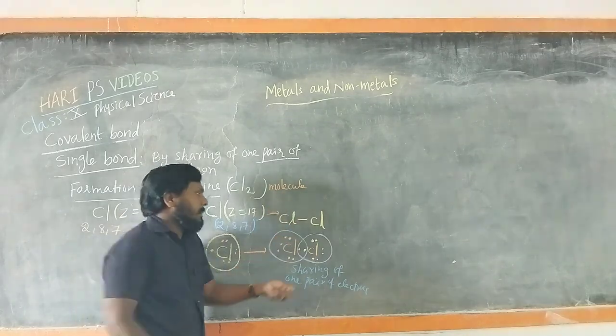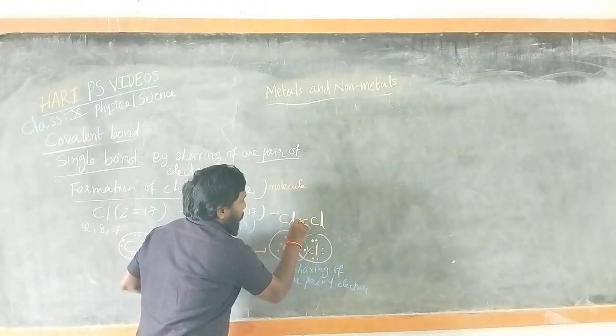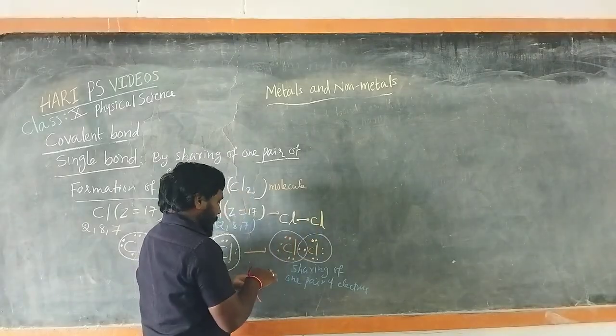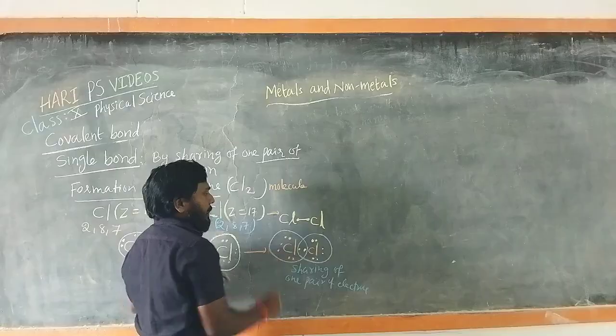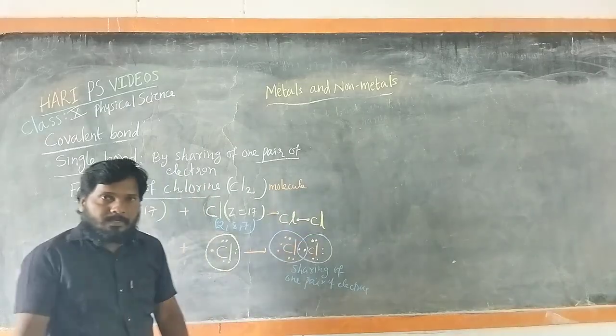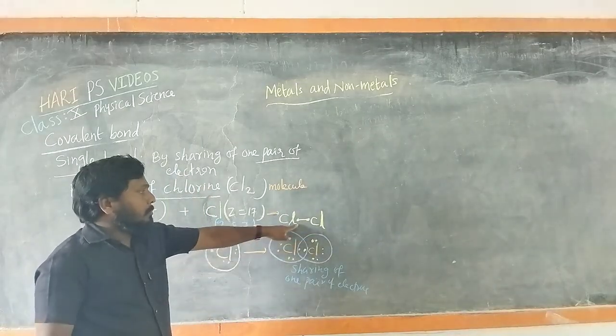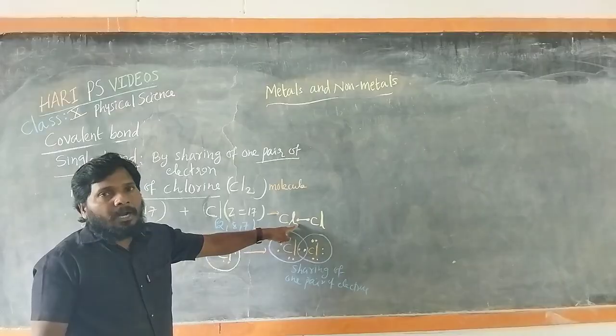So a single bond is formed. Here 1 electron and here 1 electron. So 1 electron each is shared by 2 chlorine atoms. So chlorine molecule is formed.